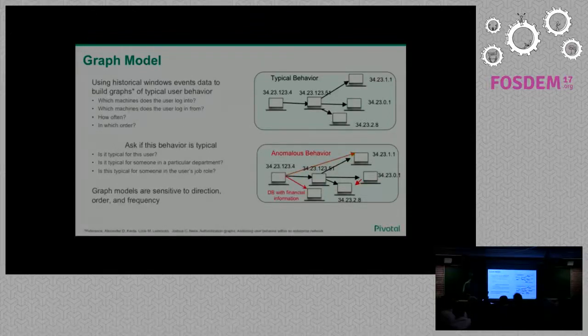The reason this is really useful for lateral movement is that graphs are sensitive to direction, right? So they have direction, order is important, frequency is important as well, because as you have increased frequency, your edge weight goes up. That expands the graph diameter.